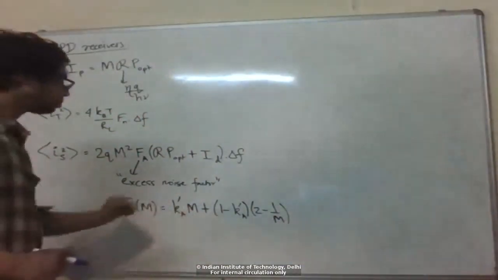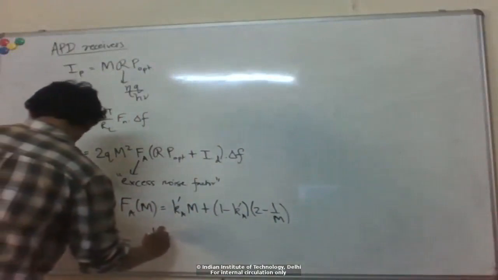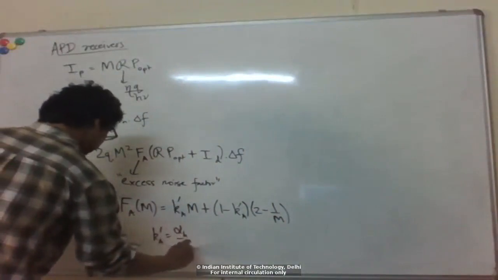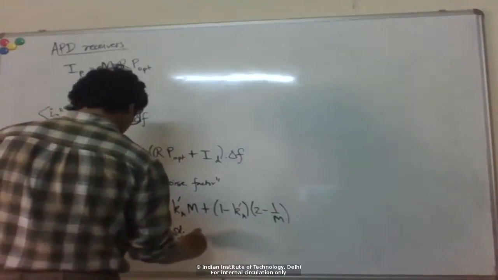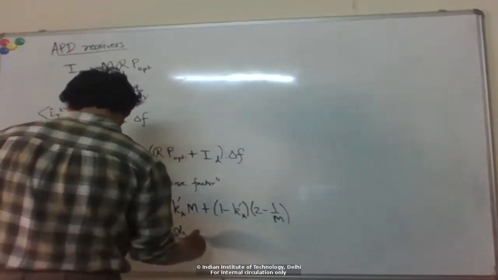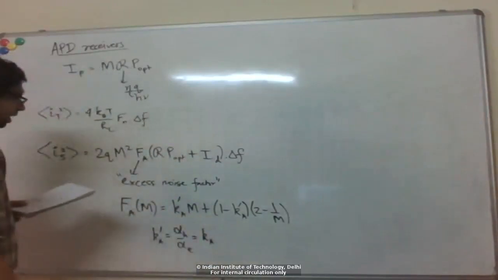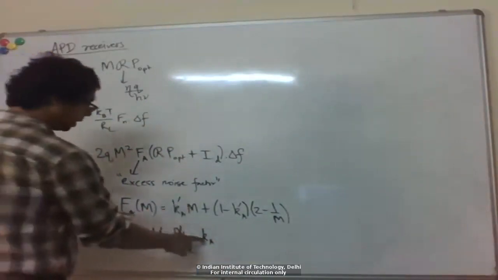It goes like that, where K_A prime is this ratio of the hole to electron ionization factors, which is just K_A, the factor we had defined to calculate this m. This m depended on this K_A.